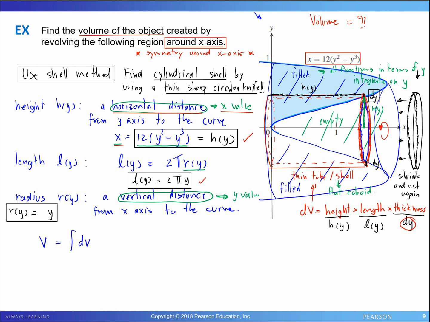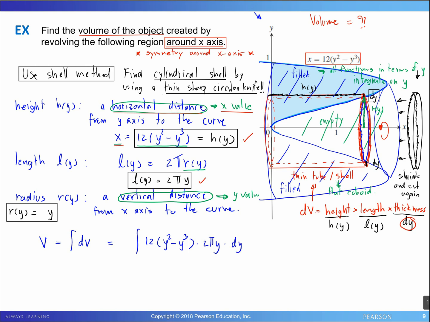At this point, we know that dV is equal to the height times the length times thickness. The height h of y in this case is equal to 12 times y squared minus y cubed. Now times the length L of y, and we know it's equal to 2 pi y. And now the last one, thickness, and that is dy.